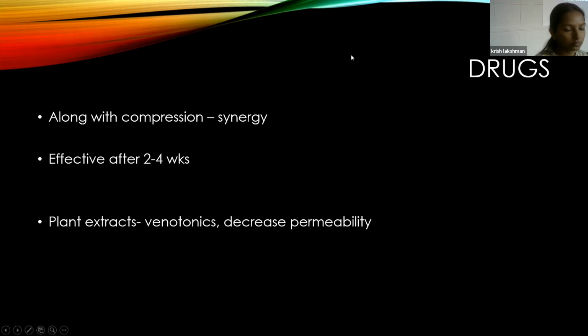Venotonic drugs are given along with compression, so it improves the action. If the drugs are given without any compression, no significant improvement has been reported. We should inform the patient that the drugs are effective only after 2 to 4 weeks; there will not be any immediate effect.